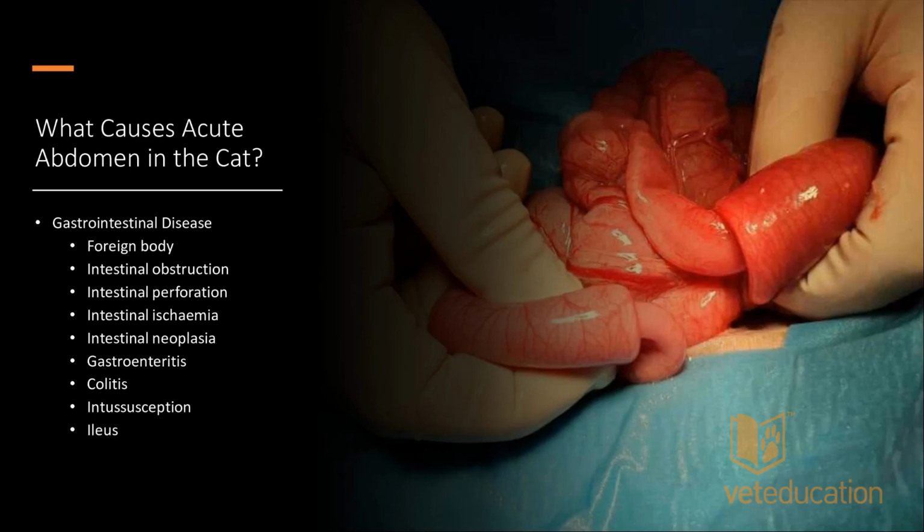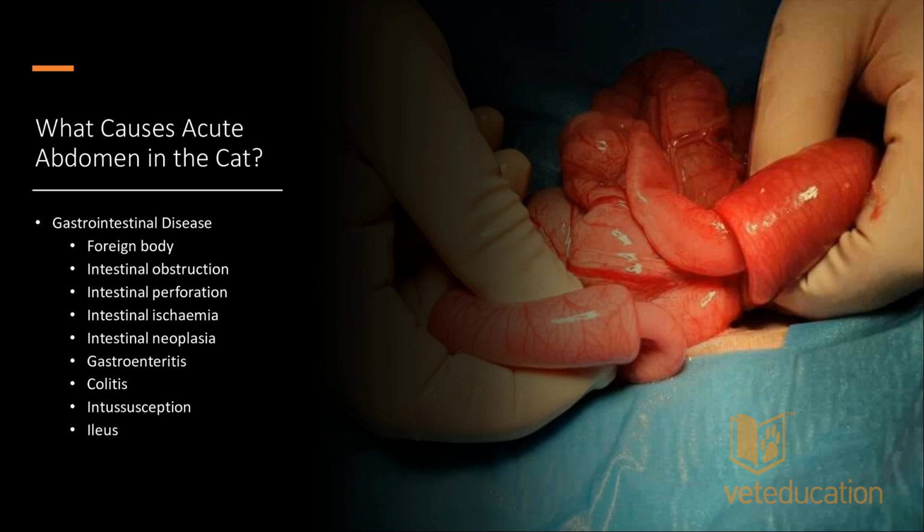So what are the causes of acute abdominal disease in the cat? Well, there's similar things to what we expect to see in dogs as well. Cats will occasionally ingest foreign bodies, albeit not quite with the same frequency as dogs do, but they can ingest things like string foreign bodies, for example. When they're playing, they can ingest small fluffy objects and those sorts of things that can get stuck in their intestines. Intestinal obstruction can occur not only due to foreign bodies, but certainly through neoplastic lesions, for example, intussusceptions, those kinds of things.